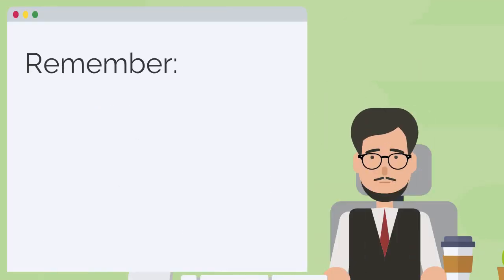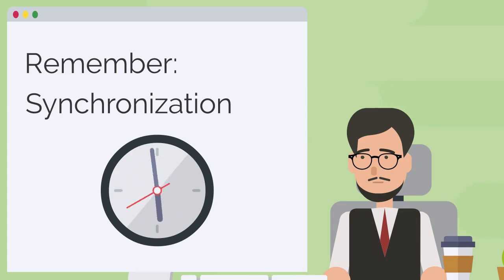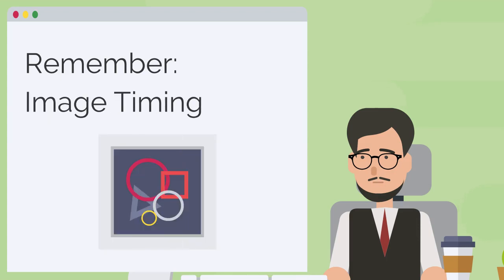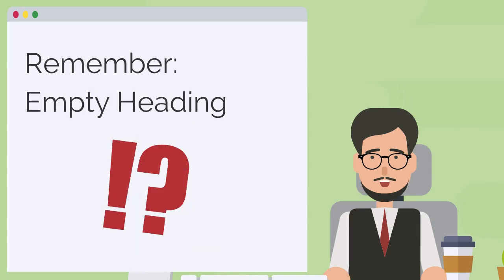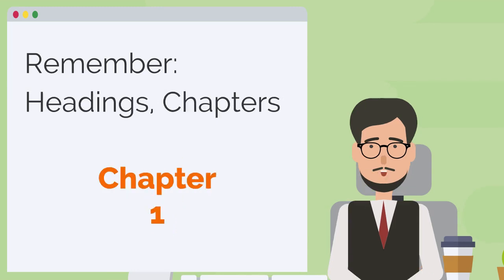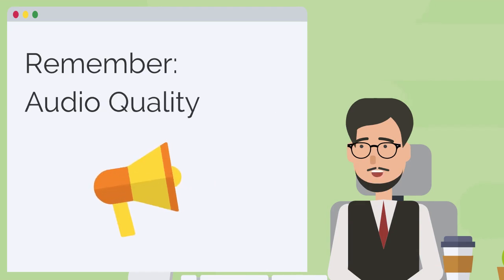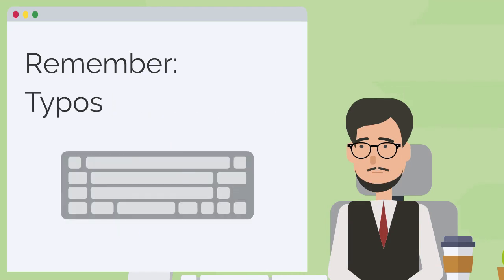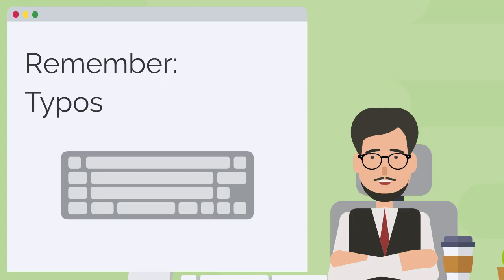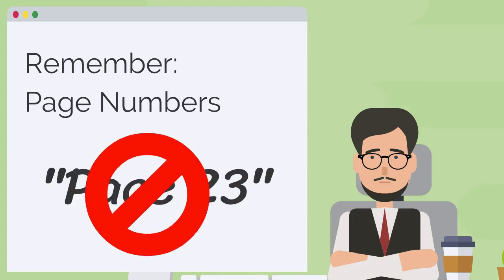Let's take a moment to review what we've learned. Synchronization is key. Pay close attention to before and after images, if there are any. Report empty heading text. Headings and chapters should be consistently announced and navigable. Listen for audio quality issues. Note any typos. Page numbers should not be announced.